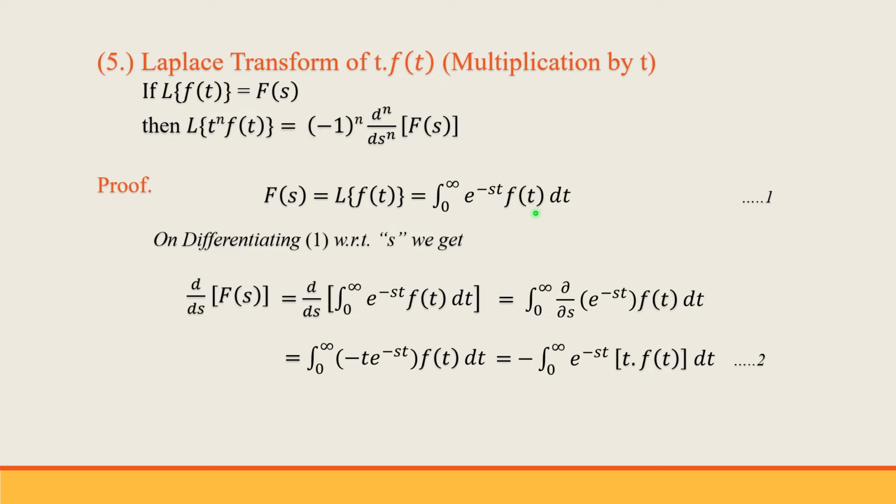So if we consider our function f(t) as t f(t), we can write it as minus Laplace transform of t f(t). So the Laplace transform of t f(t) is equal to minus d by ds of F(s), by taking the minus sign to the other side.